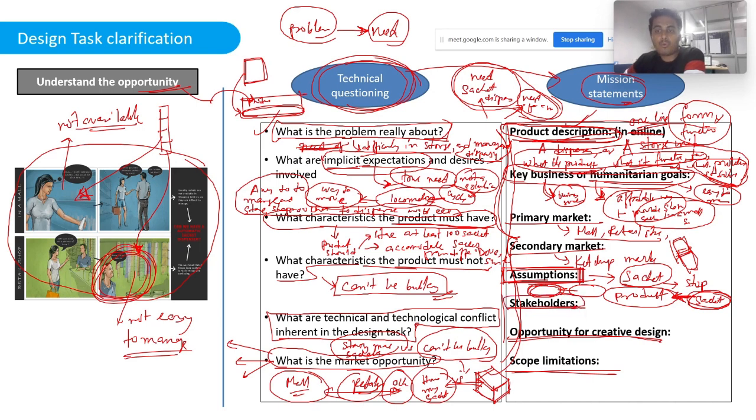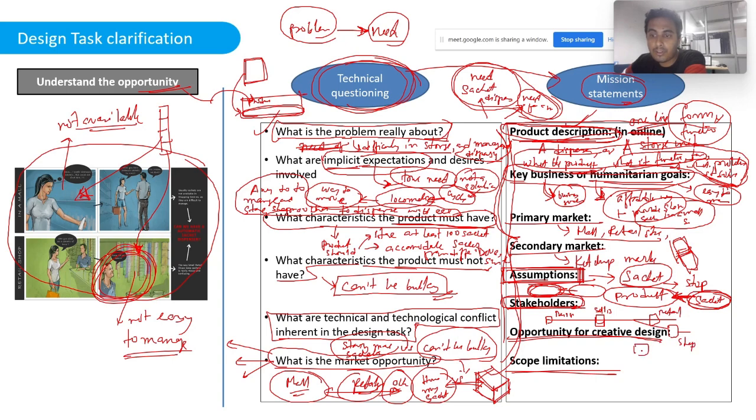Okay, next is stakeholders. So who are the people involved in this entire product chain? It means the persons who are going to use it or the persons who are going to design it. Stakeholder means everyone. You have a product from the initial design phase, then you have a company who is selling this particular product, your device, and then in the marketplace it is used by other entities, like a retailer or a mall.